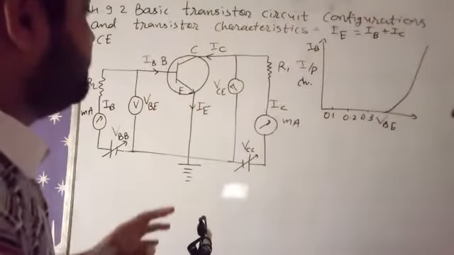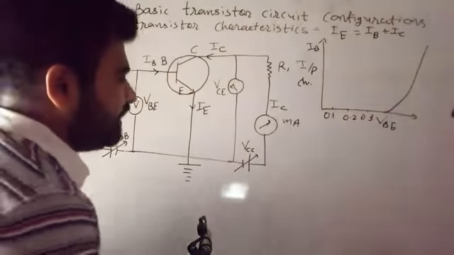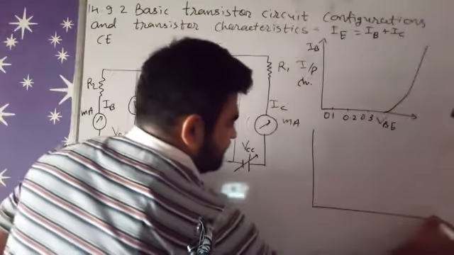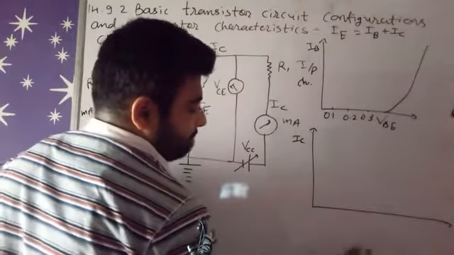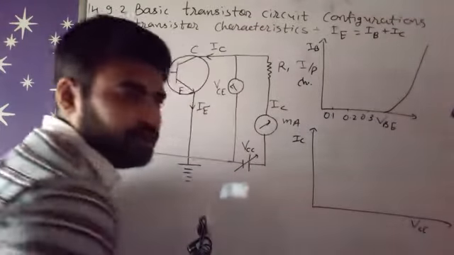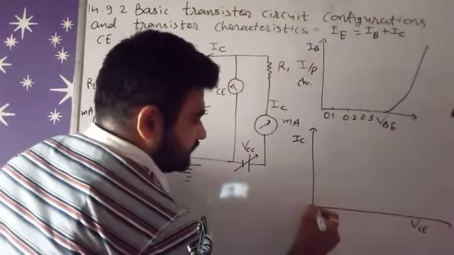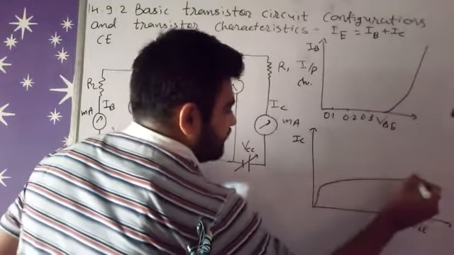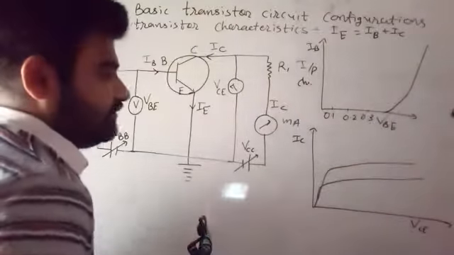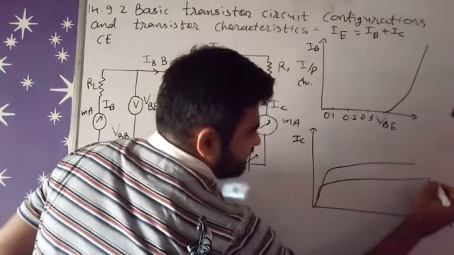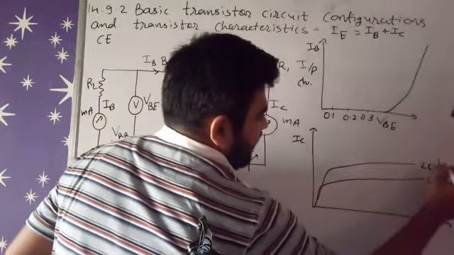Now the output characteristic: we have IC and VCE. This is IC in milliamperes and this is VCE. In this graph we have different values of IB, for example this is 10, this is 20, these are all IB values.